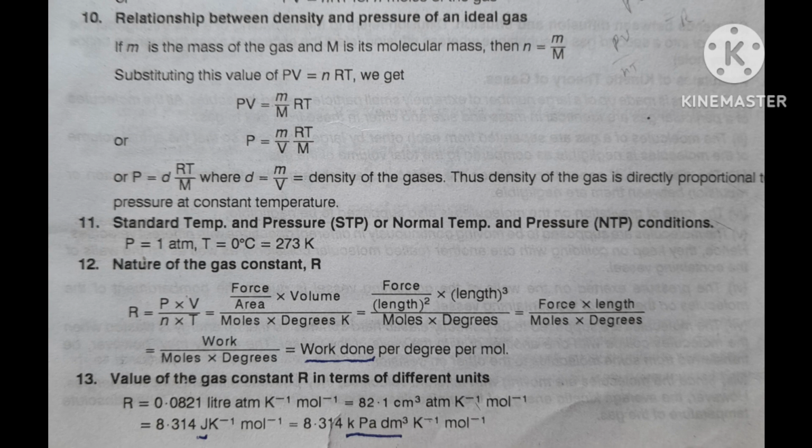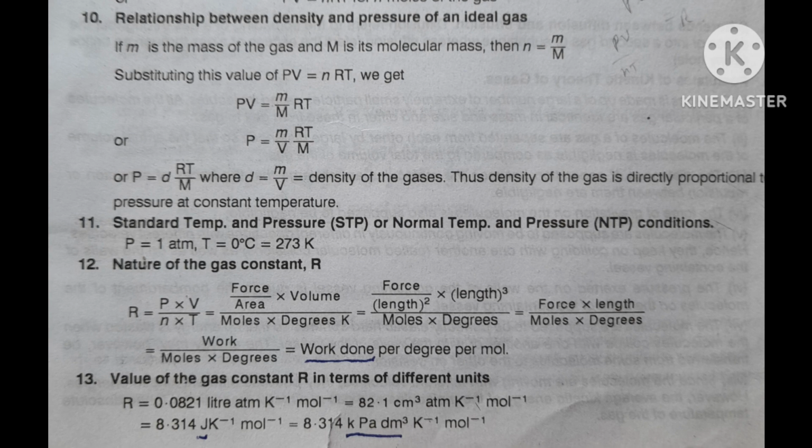Capital M is as it is. From the left side, V you have brought to the right side, in the denominator. Then m upon V means mass by volume, that is the density, a small d. Hence P, the pressure, is equal to d, the density, into RT divided by M. This is the relation.